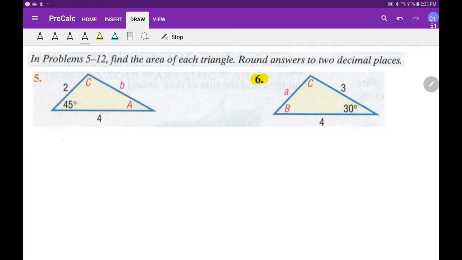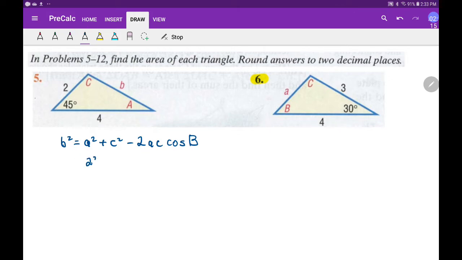I'm going to say I need B, so B squared is equal to A squared plus C squared minus 2AC cosine of B, which I know. Alright, so let's plug the numbers in.